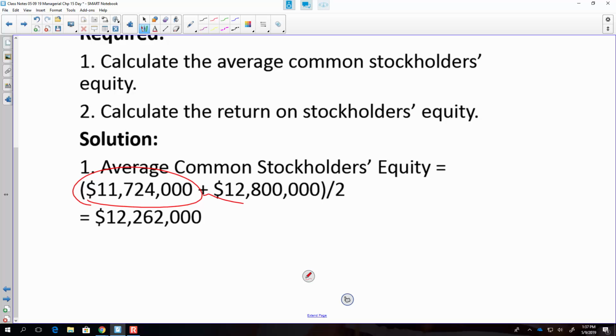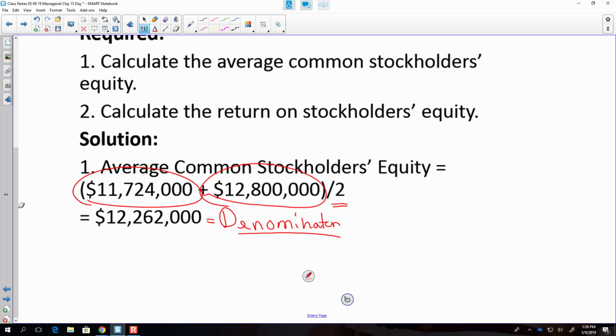Remember, to get an average of common equity, we have to divide by 2, right? The beginning of the year, it was 11,724,000. The end of the year was 12,800,000. The average is 12,262,000. Obviously, this is the denominator that we're looking for on our ratio, and the numerator is our net income.